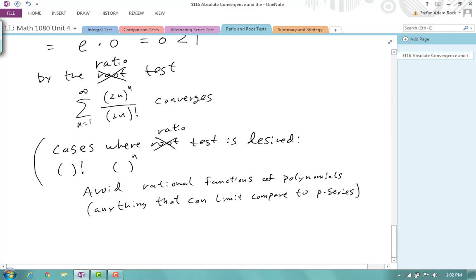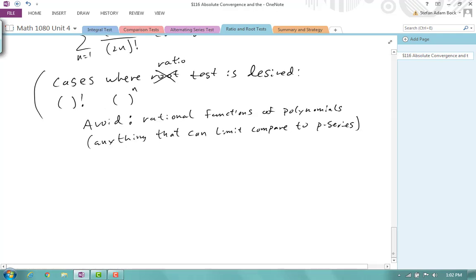But the only way you're going to know how to spot these cases is simply by practice.